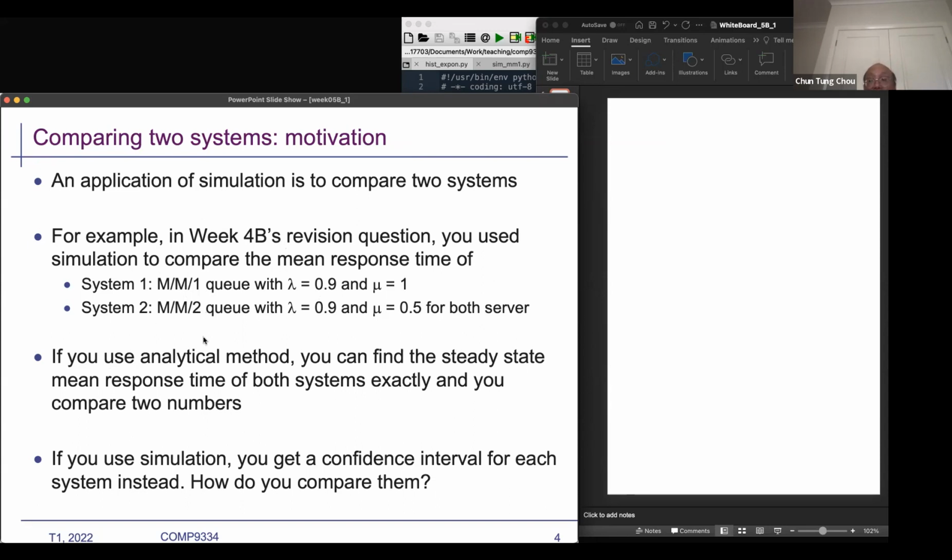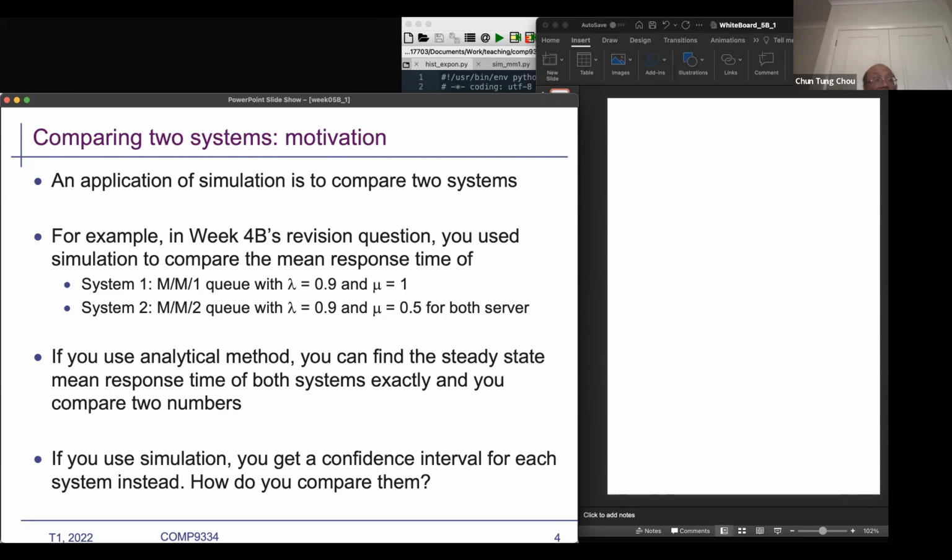For the MM2Q, you can also compute what the mean response time is. Once you have the two mean response times, you see which one is smaller, and you know that system is behaving with a better performance. So it's easy for you to compare two systems if you have a formula to compute the mean response time.